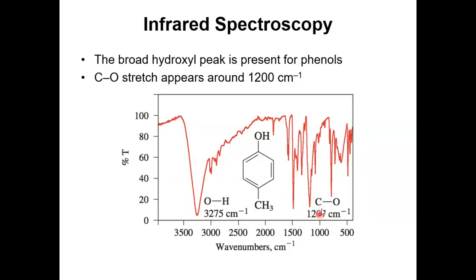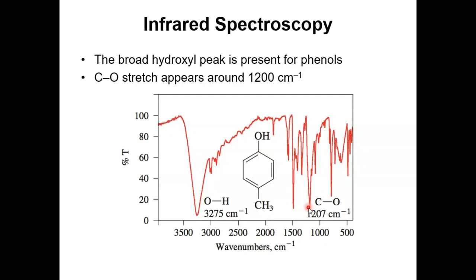But for phenols, because we have sp2, the CO bond stretching vibration frequency is observably higher, not hugely higher, usually around 1200. So that's a major difference you can see between the IR of phenol and the IR of alcohol.